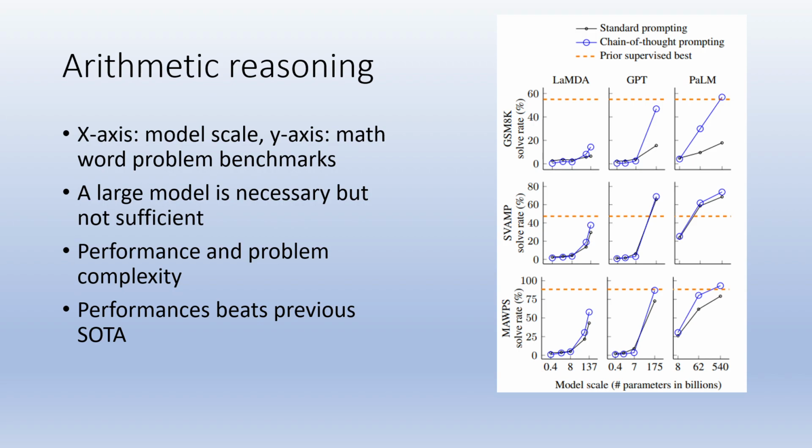And thirdly, we see that chain of thought prompting beats the previous state of the art, which is the orange dash line. The previous state of the art was just supervised learning on a labeled data set, and chain of thought beats even that with just a few examples. So we see that the performance is much better than before.